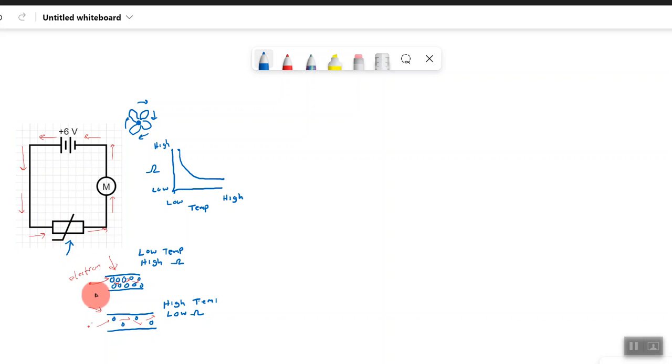If it gets hot, the resistance in this reduces, so it allows the flow of electricity through the circuit, and as a result it turns the fan on, so it cools down the room or whatever it is that's in the room. So this is a simple temperature sensor. It detects the temperature in the room and then turns a fan on and off based on the temperature in the room, and this is how it works based on the flow of electricity through the circuit.